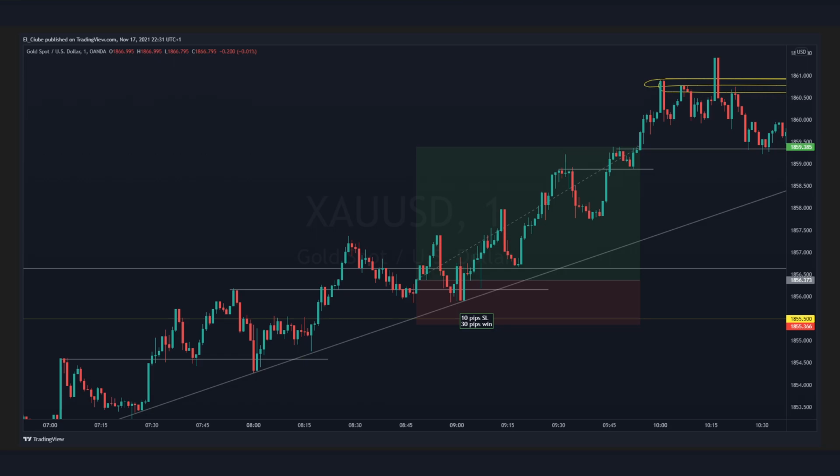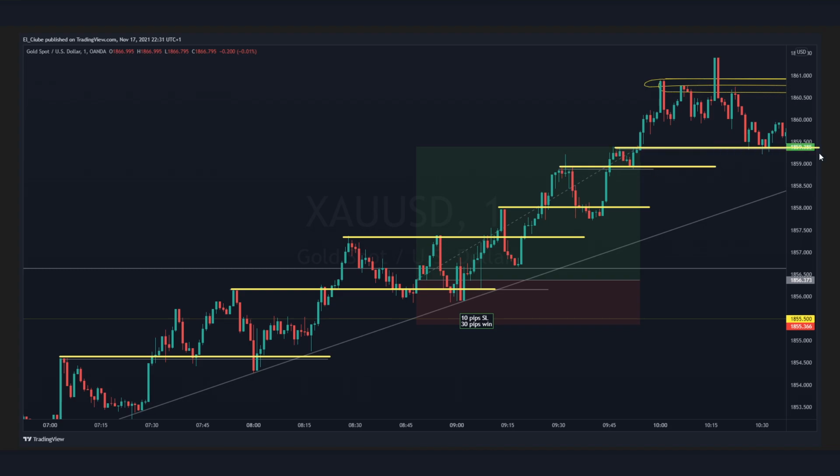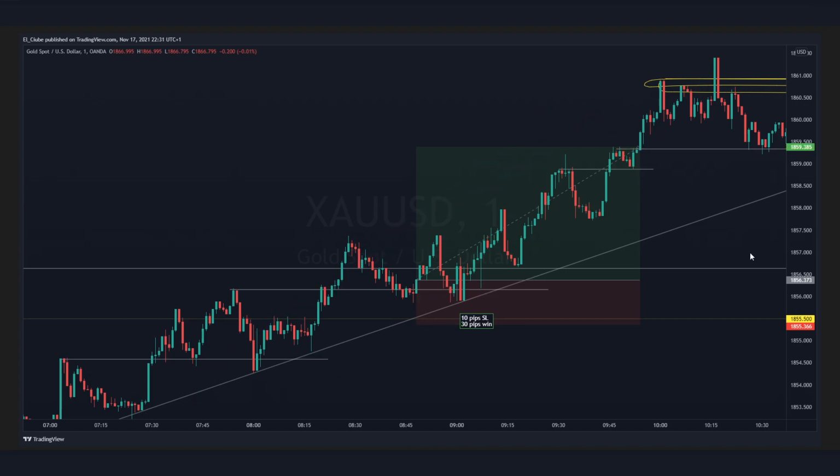So for example, in this setup, we see that we have a clear break and retest of each and every previous low and previous high. So every bullish entry over here is a break and retest of the previous ones, previous PSA. So mainly in trend lower time frame and in trend high time frame.